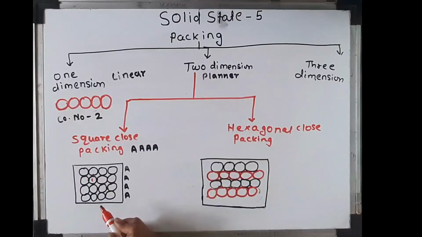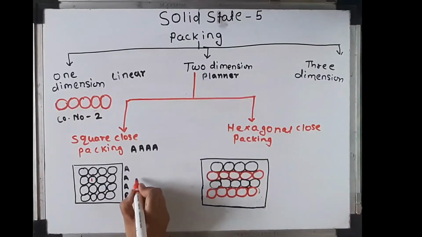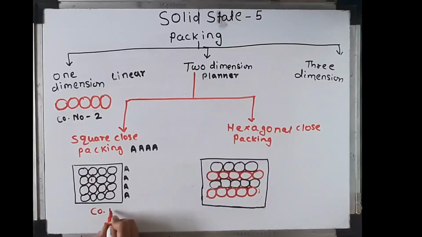Hence, in this two-dimensional square close packing, the coordination number is 4. A square is obtained by joining the centers of these four closest neighboring spheres, and therefore this two-dimensional close packing is also called square close packing in two dimensions.